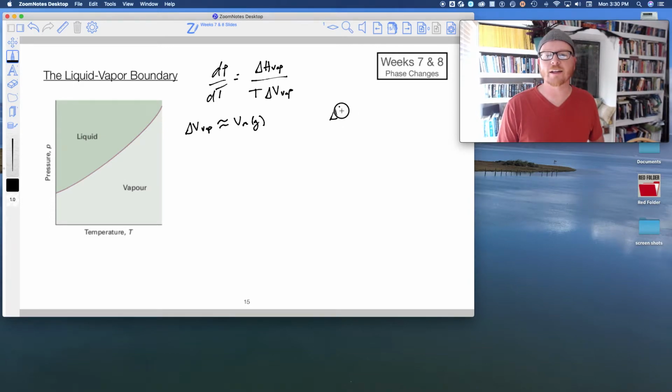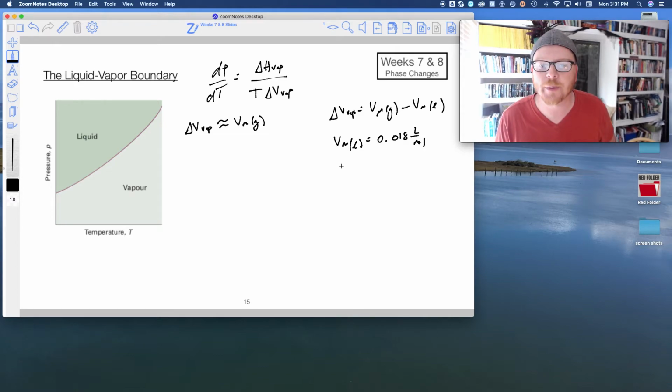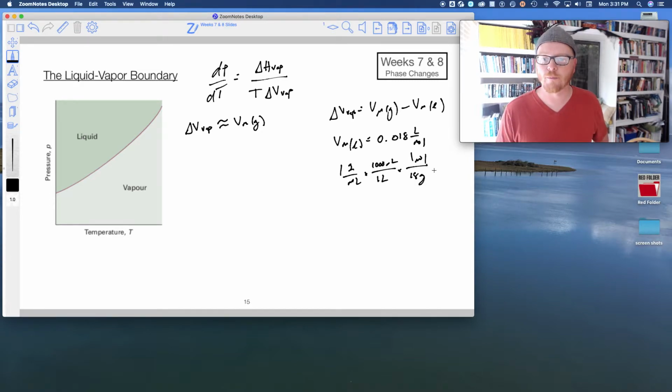So technically, I'm kind of doing this backwards, and maybe I'm having a brain fart moment here. Vm gas minus Vm liquid, so we know that's true. The molar volume of water, as an example, is 0.018 liters per mole. I get that by assuming a density of 1 gram per milliliter, 1,000 milliliters in 1 liter, and 18 grams in 1 mole.